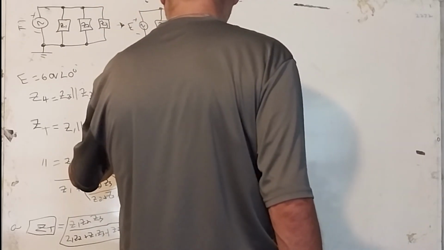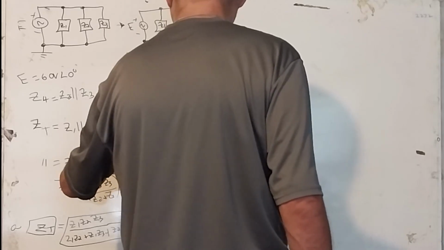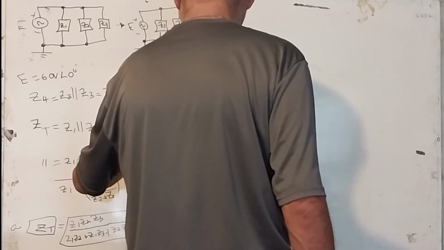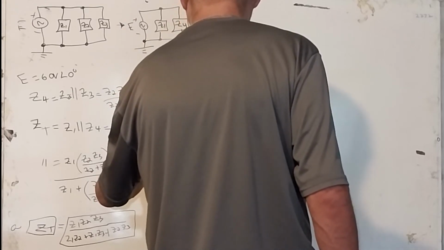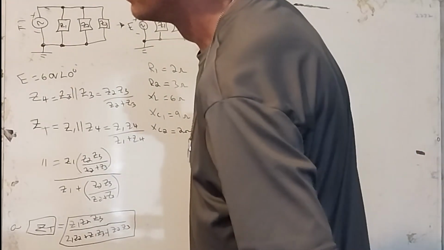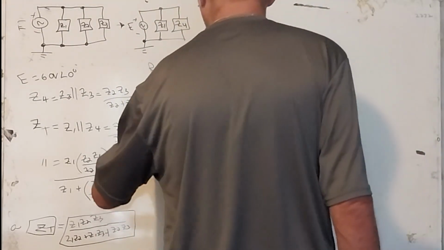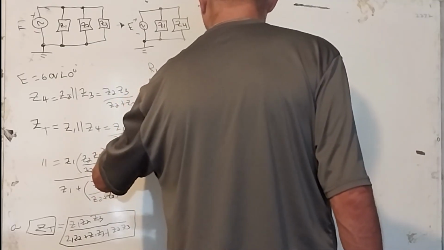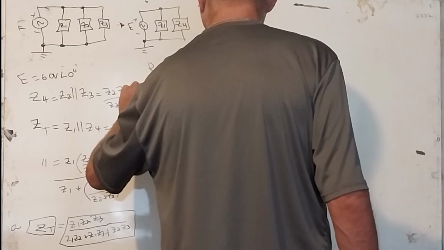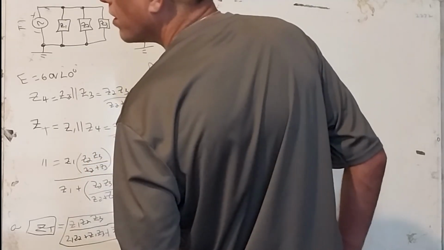X of C2 equals, what was that? 2 ohms. And then we have R3. I should have put that here. X of L, 6 ohms. R3 is 10 ohms.